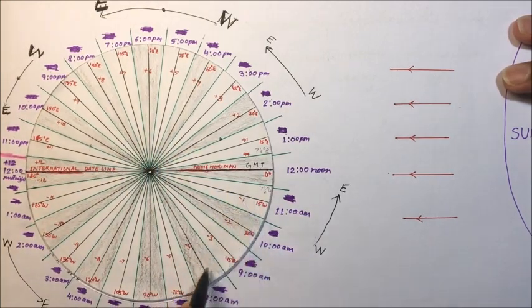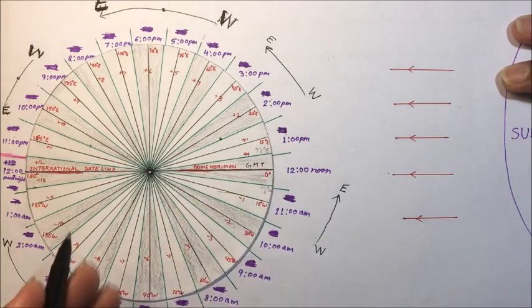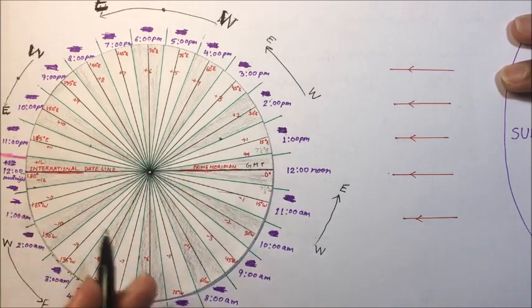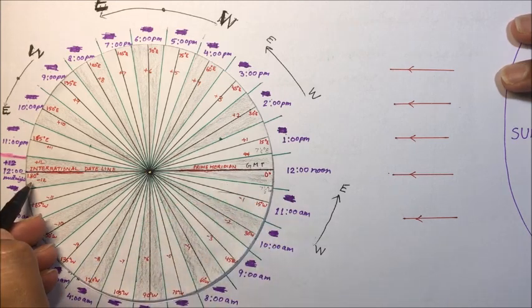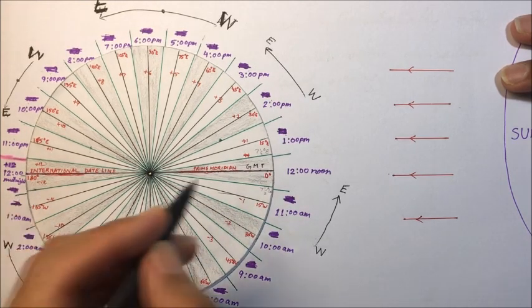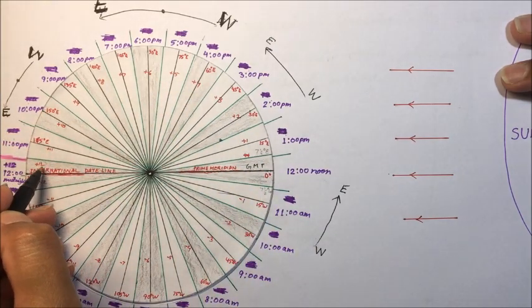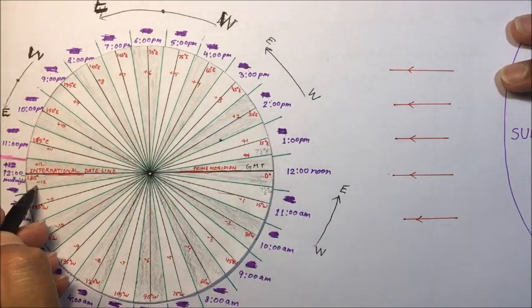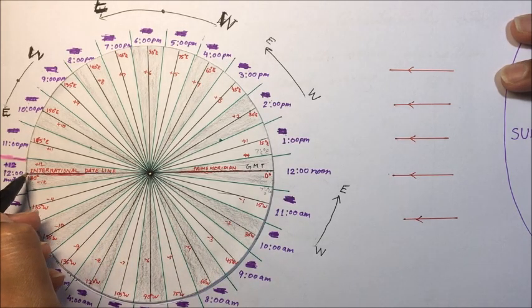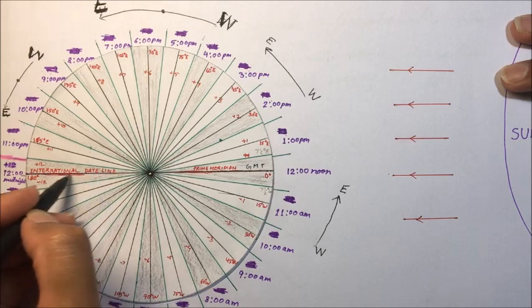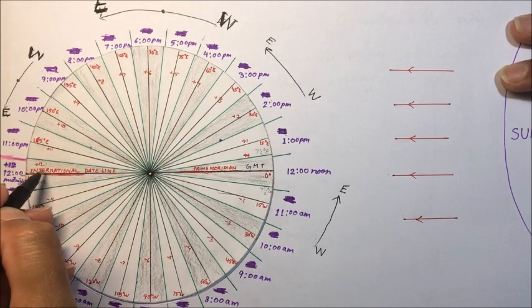So if you are moving westward, we have to reduce the time. Here we will be deducting 1 hour for each time zone. So at this point we will be behind by 12 hours. From GMT we are 12 hours behind on this side. So across this meridian, that is the International Date Line, there will be a difference of 24 hours.